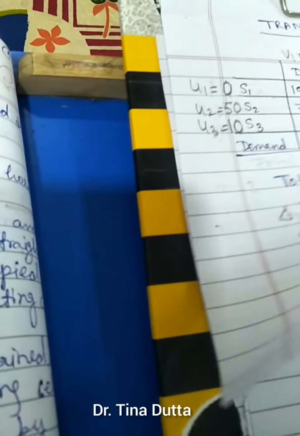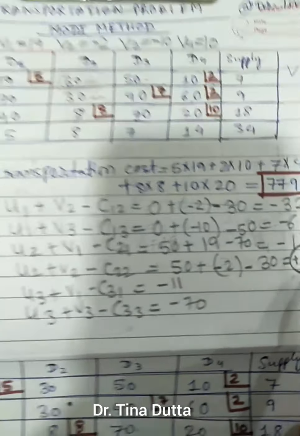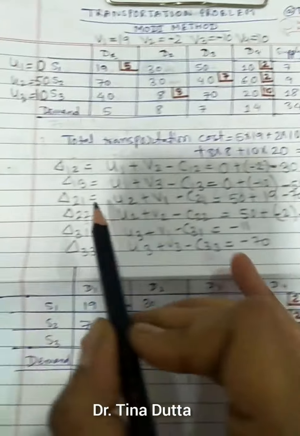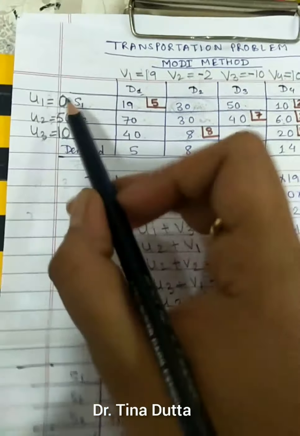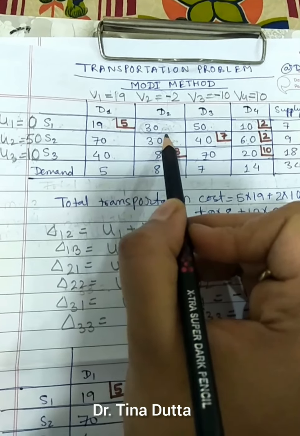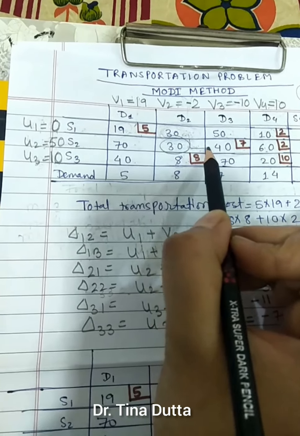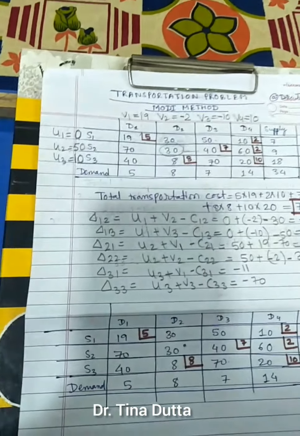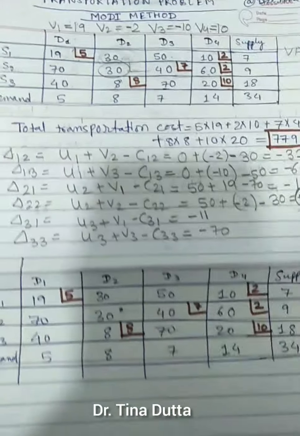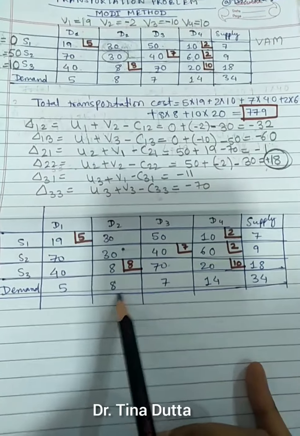Let's see the problem here. We had a positive opportunity cost associated with cell 2 2, that means second row, second column. So in this cell we need to allocate goods. So how to determine how much to be allocated? I have written the same problem here.